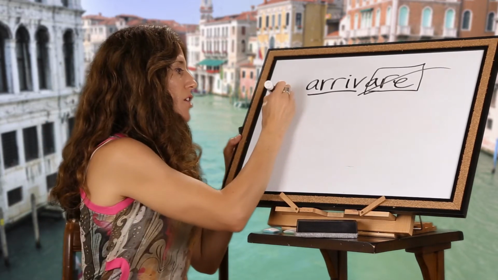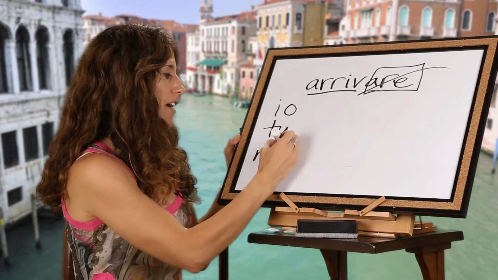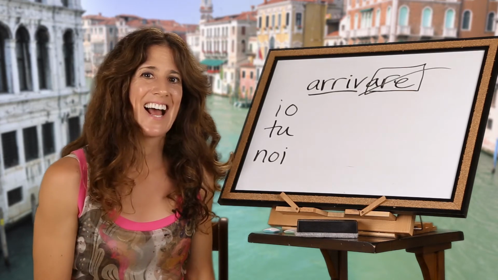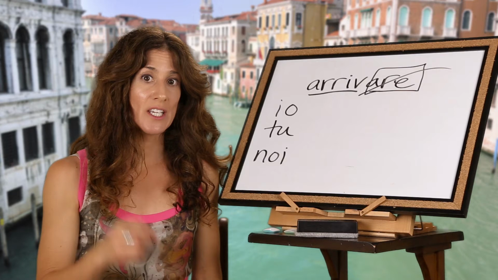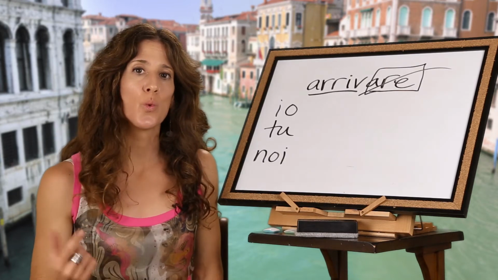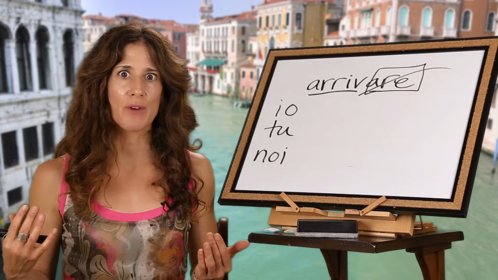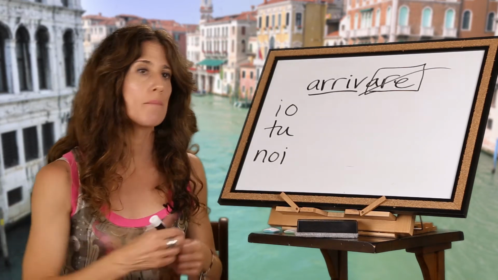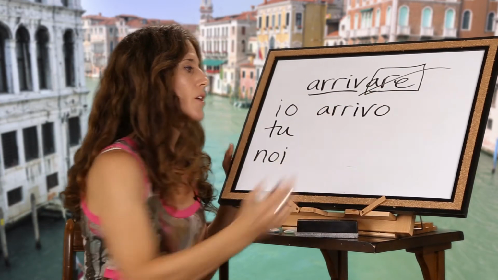They are the io conjugation, the tu conjugation, and the noi conjugation. So what does io mean? Who remembers? I. Bene. Tu, you singular. Noi, we. Good. Okay, so anytime you have any of these 3 regular verbs and you have an io conjugation, so you want to say I do something, the ending is going to be an o.